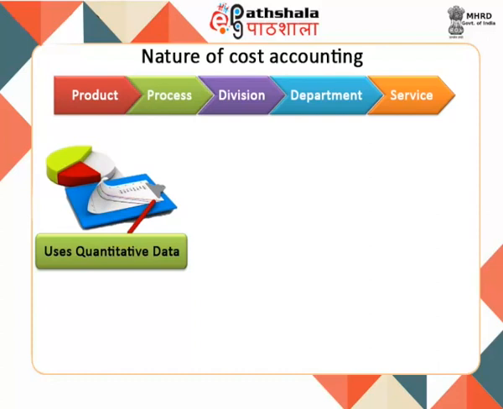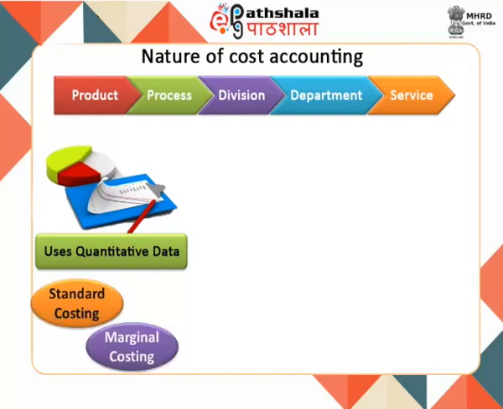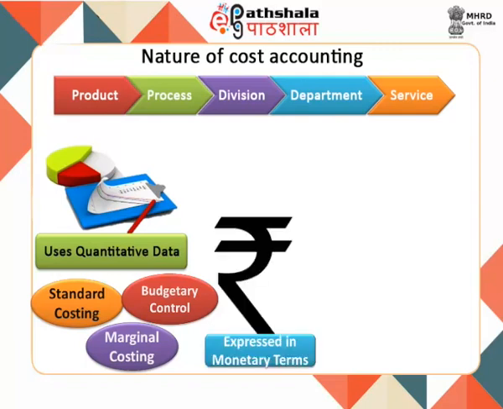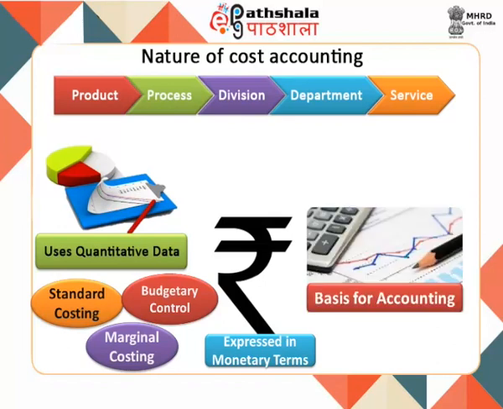It uses various techniques such as standard costing, marginal costing, budgetary control, etc. Cost accounting is a mandatory requirement for the industries specified by the government. A cost accounting system can be installed independently. It provides a base for accounting.